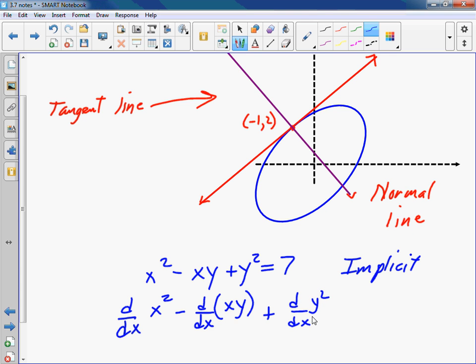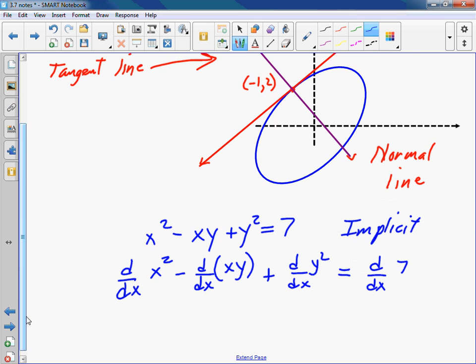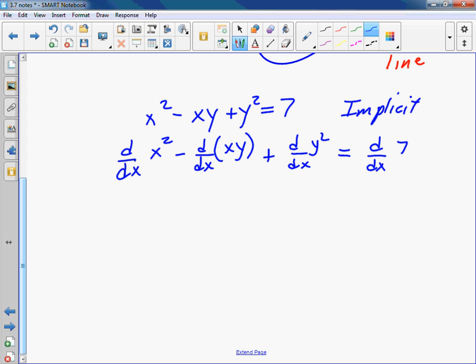Now notice, this is in terms of y, it's y with respect to x, so we'll have to be cautious there. Equals the derivative of 7 with respect to x. Okay, moving onward and upward.